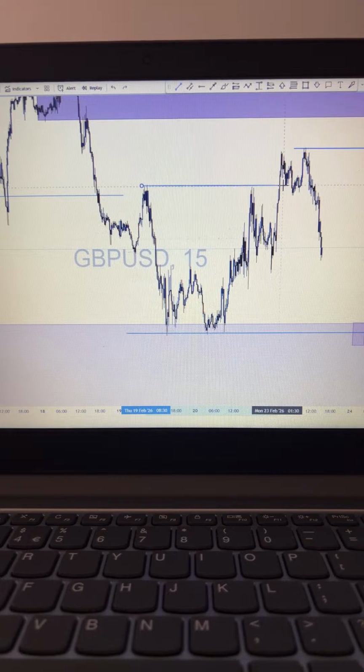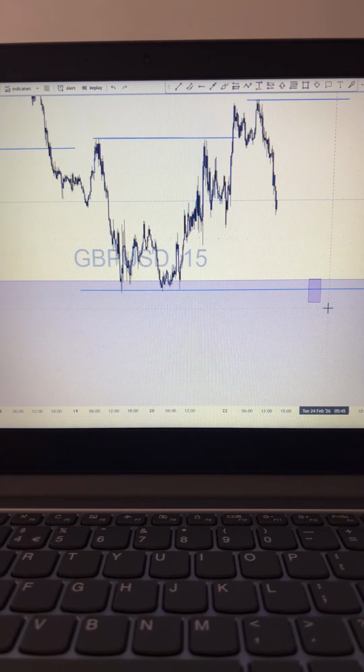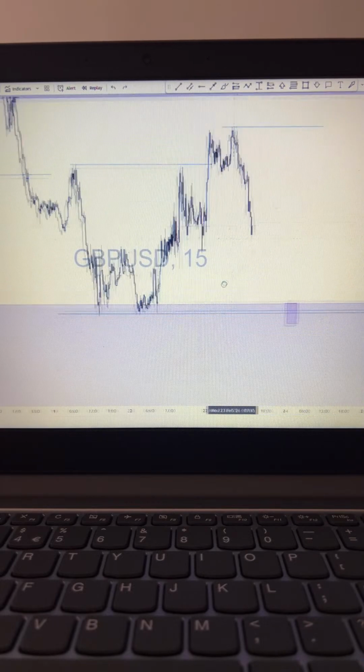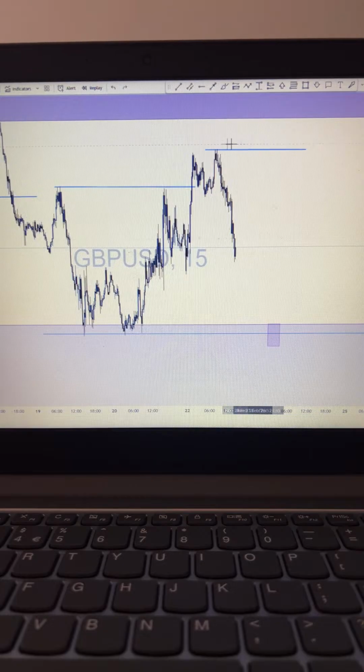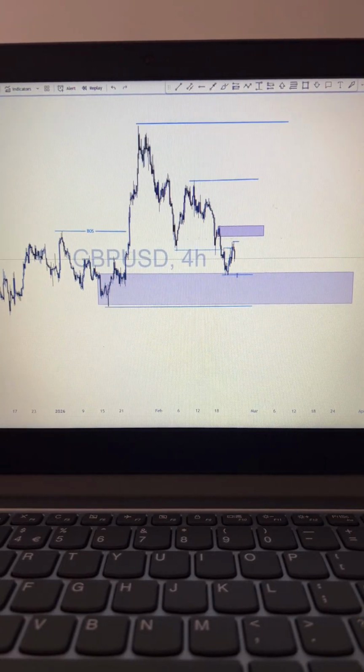But I will not buy with this 15 minutes. I want to see price come back and take out this low. If price takes out this low and breaks this structure right here, that is where I will start buying. That's exactly when you get what we call break of structure, change of character, sorry.